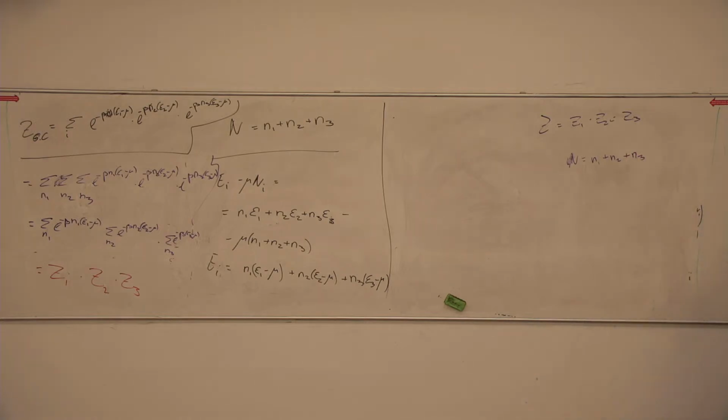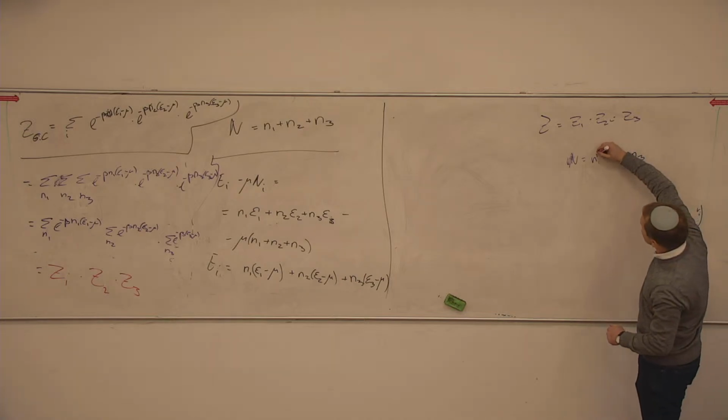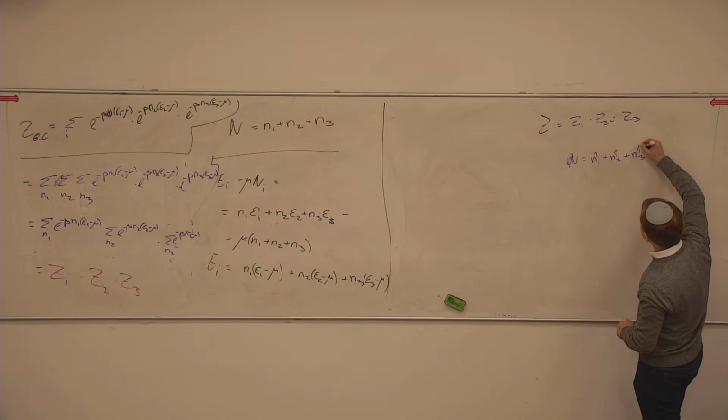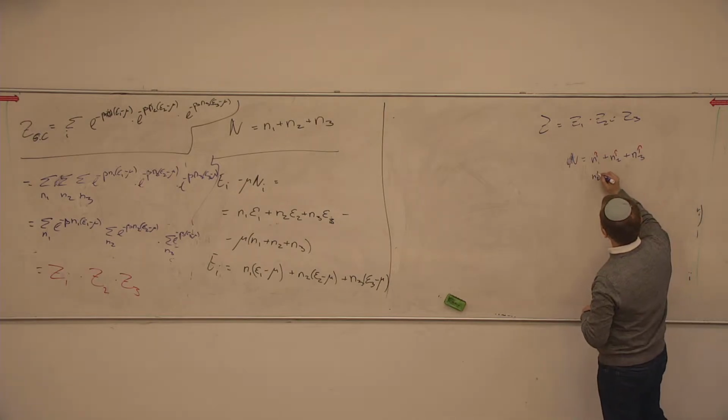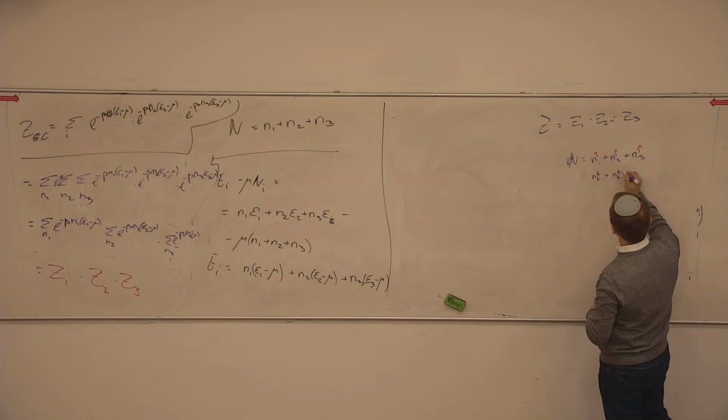But for n1, I can count separately particles with spin up, plus 1/2, and I will count separately particles with spin down. Right?